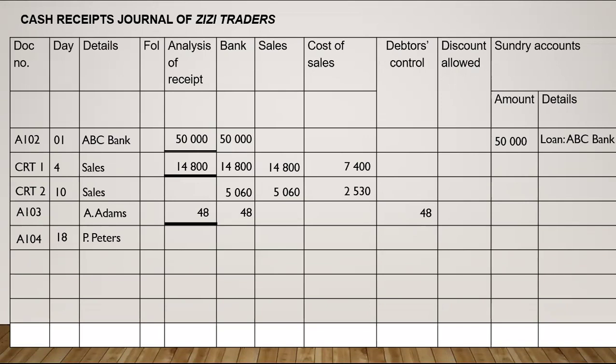Because this person was a debtor, it'll also go under debtor's control. But here, be careful. Because debtor's control is shown separately to discount allowed. Under debtor's control, you put in the total amount that this debtor was owing, which is the 4,500.